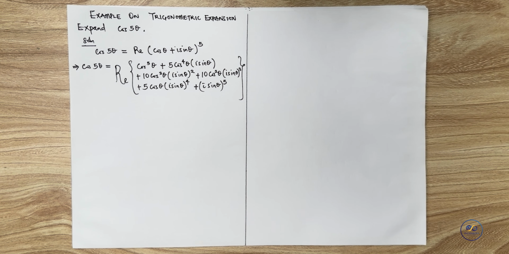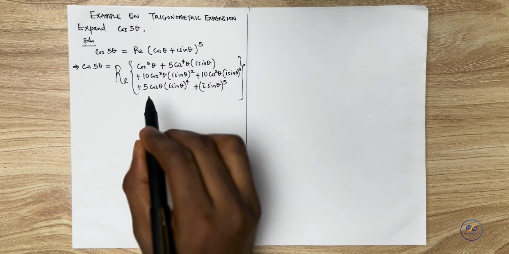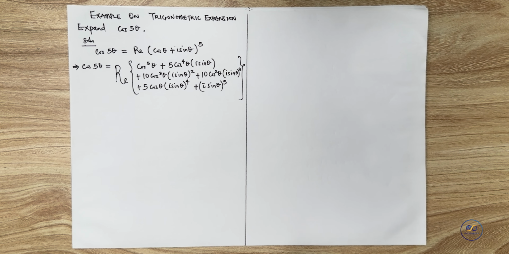Now, if you are wondering how we were able to easily find these coefficients 1, 5, 10, 10, 5, 1, it comes from us applying directly Pascal's triangle for binomial expansions.